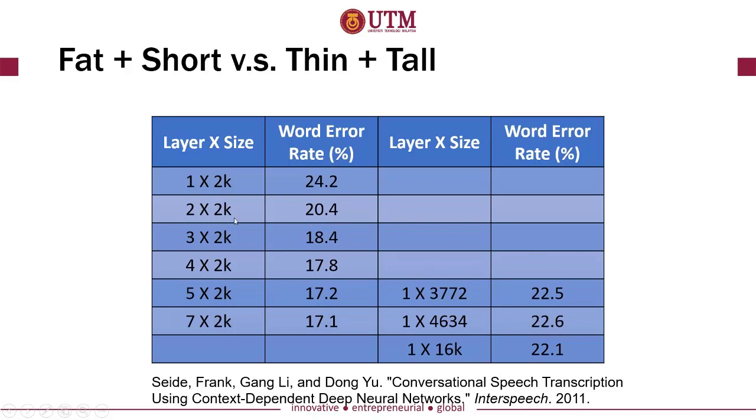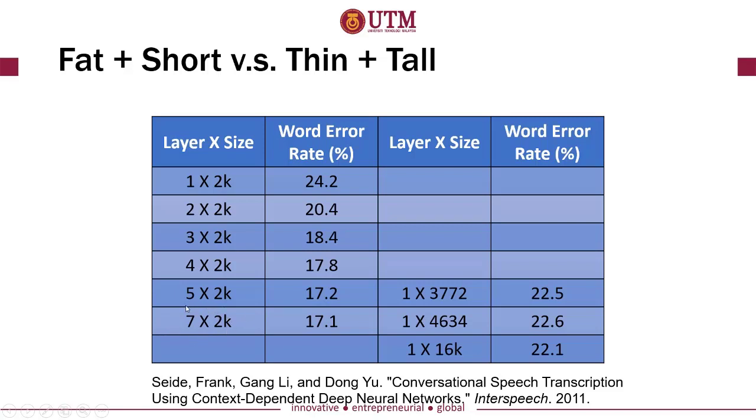Now you keep increasing the hidden layers. From 2 you change it to 3, and it becomes much better. Then with 4, it becomes even better. How about 5? Then it's better than that. The last one is 7 times 2000, which is 14k, or 14,000 neurons.